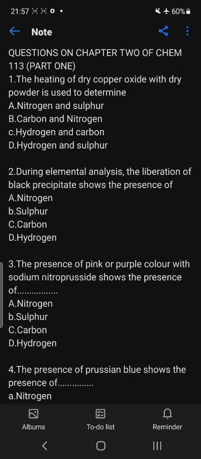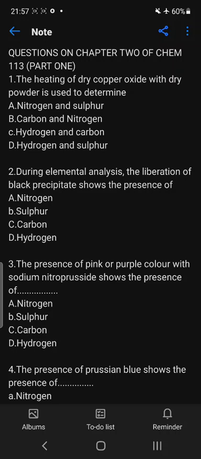And also, for the confirmatory test for sulfur, the liberation of pink or purple color also shows the presence of sulfur. Now the next question: the presence of pink or purple color with sodium nitroprusside shows the presence of sulfur.